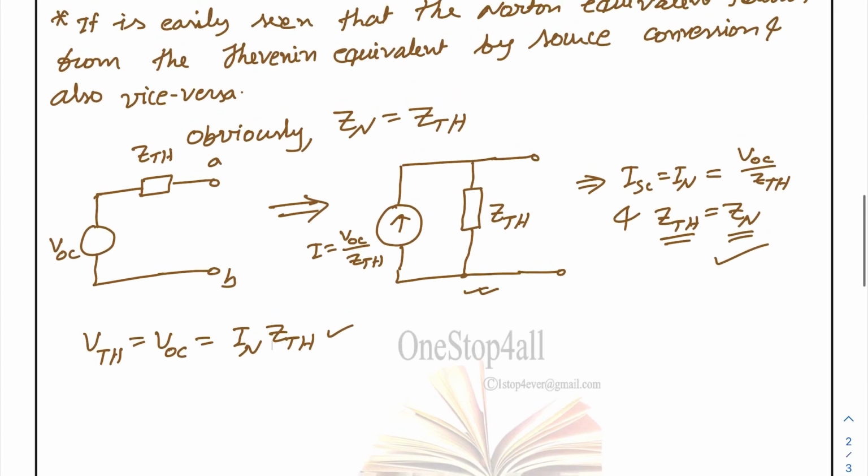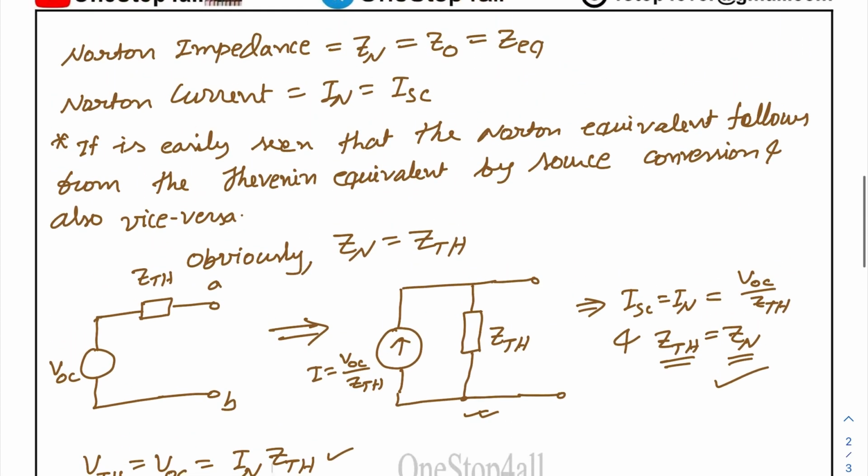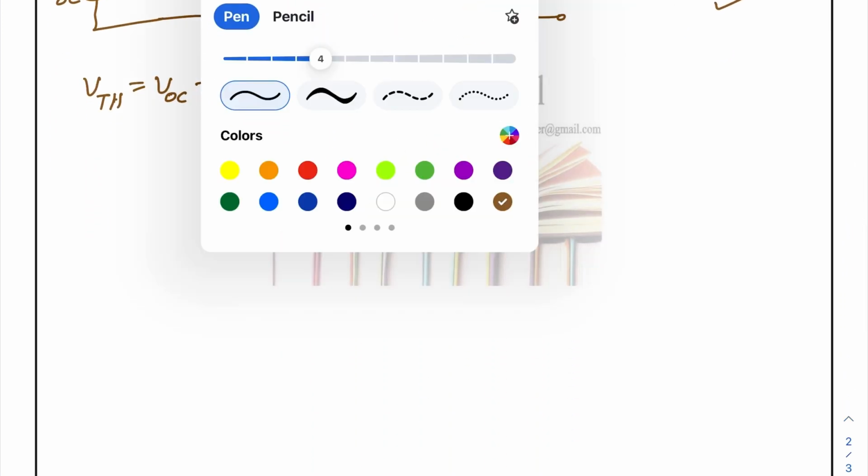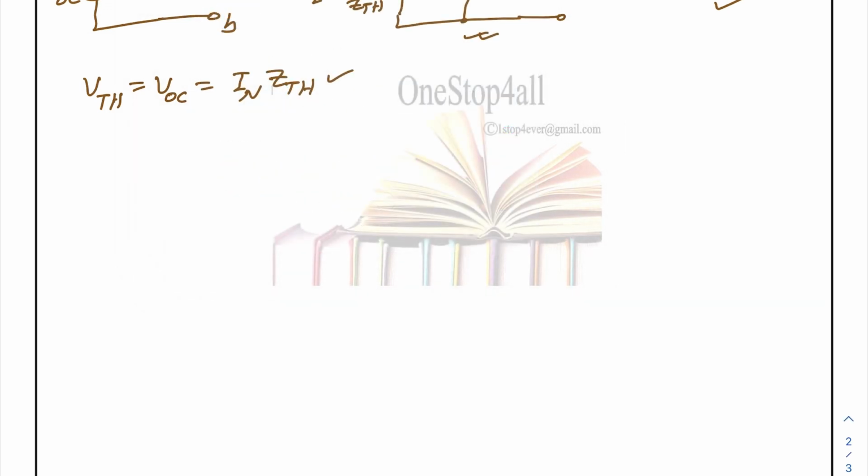Now the point is that in the network, if there is a dependent source, then what we need to do, dependent source cases, it is also very important for the various examination. How to solve when dependent sources are present.